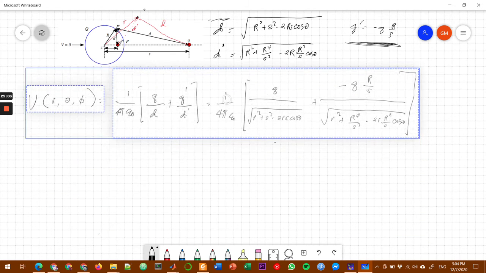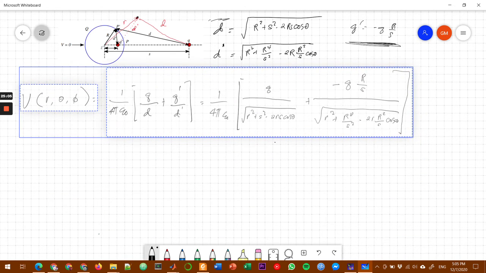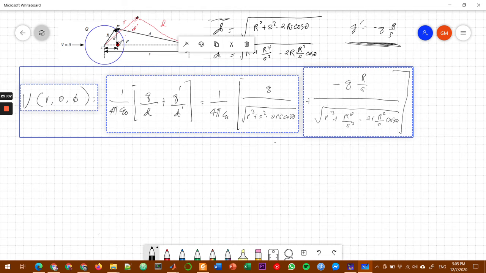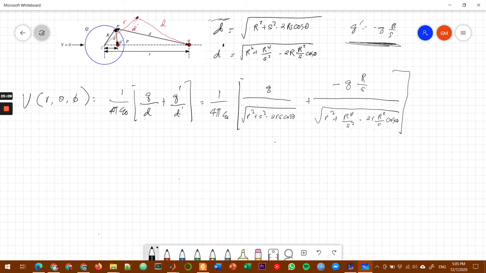There. So we can simplify this. Again, the simplification is the same: this whole thing, I take it out and then put it inside the square root.